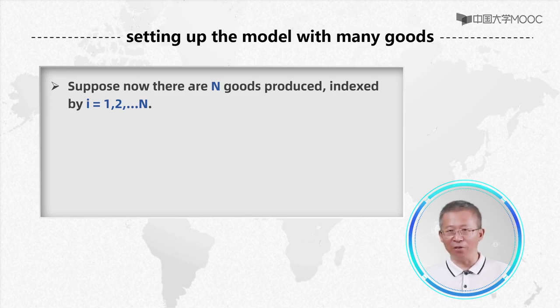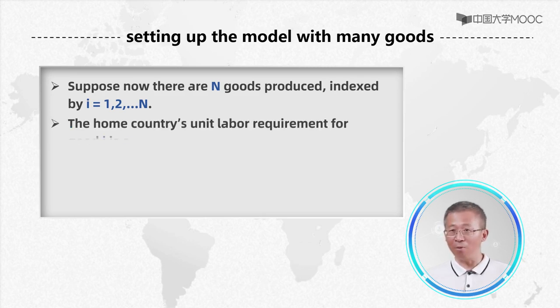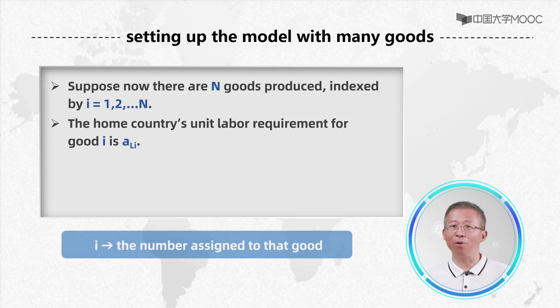The technology of each country can be described by its unit labor requirement for each good. That is, the number of hours of labor it takes to produce 1 unit of each good. We label Home's unit labor requirement for a particular good as a_LI, where I is the number assigned to that good.